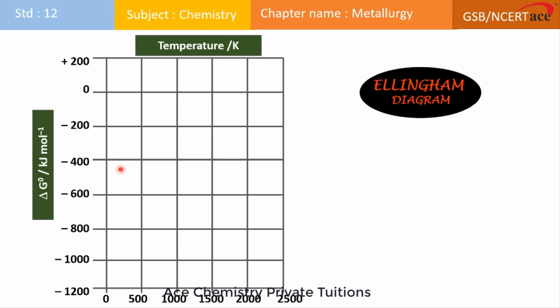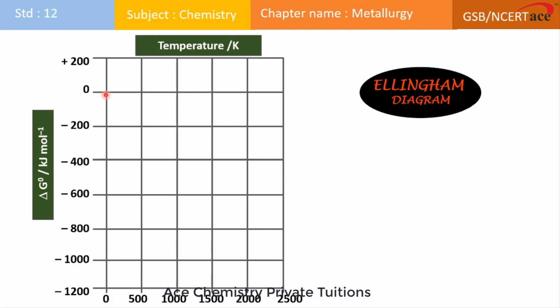So all the oxides whose delta G naught value is negative, then those oxides are referred to as what? Stable oxides. And formation of stable oxide where the delta G value is negative involves a spontaneous process. So this clearly indicates the spontaneity of the reaction.